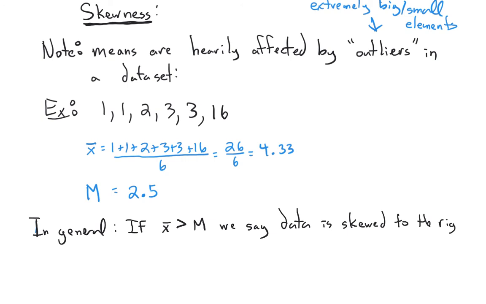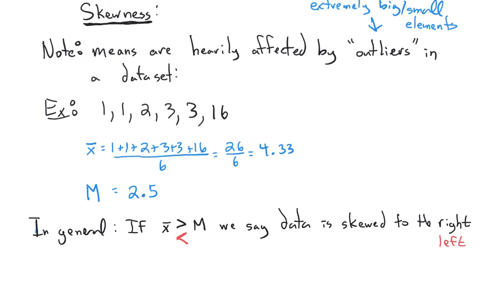We're thinking right as big. That means there's lots of large elements in our data set that are skewing it. If it's the other way, if X bar is quite a bit smaller than the median, then we say that the data is skewed to the left.